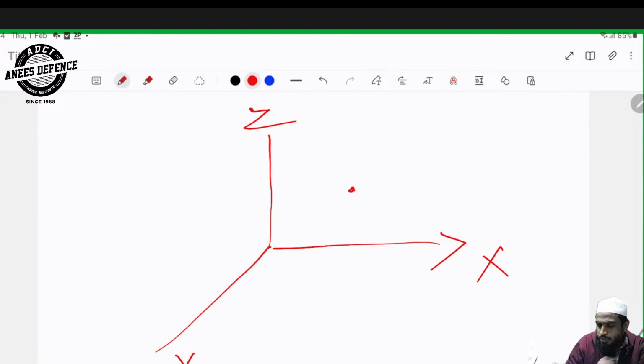That is my point, with coordinates A, B, C. You can see one point, for example, 2, 3, 4.